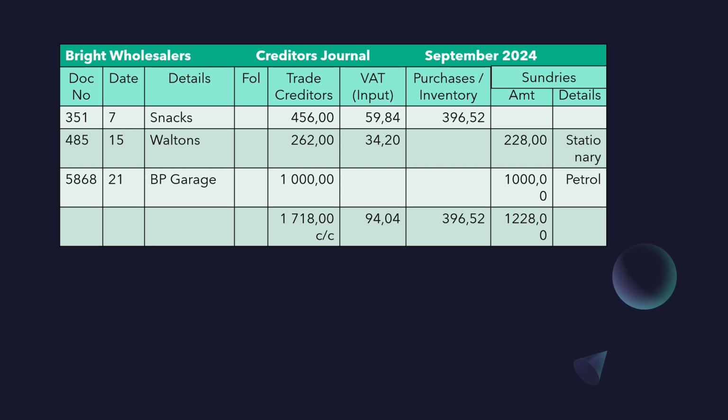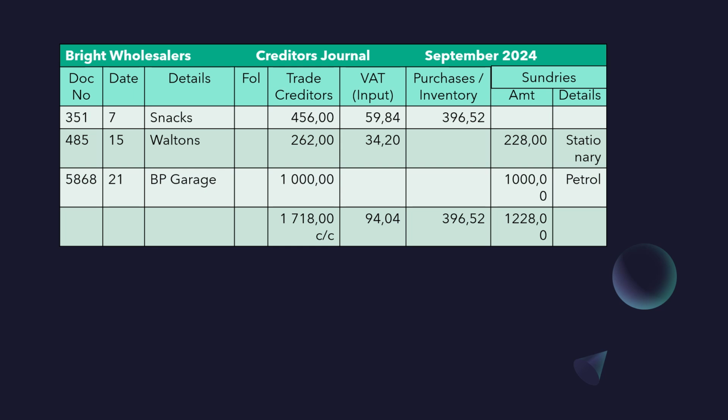Then we have the VAT input account, and this reflects the VAT input portion of the credit invoice. As goods have been received into the business, if the supplier invoice is issued exclusive of VAT, then the VAT portion must be calculated by the recipient.